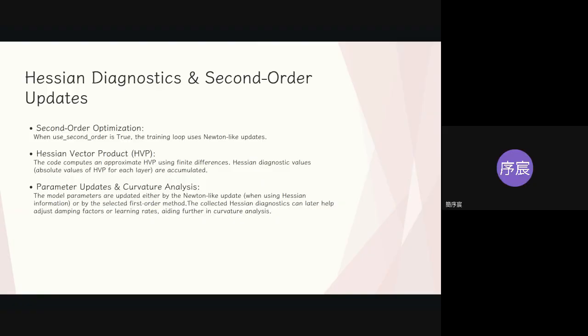And in this process, it will do the Hessian vector product, HVP. The code computes an approximate HVP using finite difference, and the Hessian diagonal values, attributed values of HVP for each layer, are accumulated. And then it will do the updates and analysis.